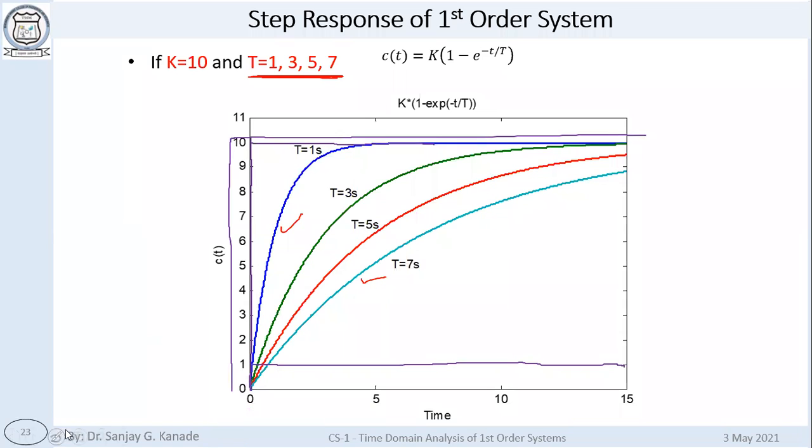The system wants to go from 0 to 10, and the input went from 0 to 1 instantly, right? It was a step. Input went from 0 to 1 in an instant at t equal to 0. So similarly, output also wants to go in the same way.